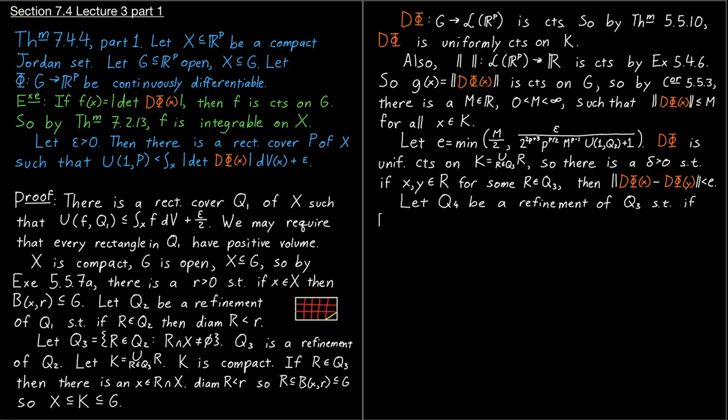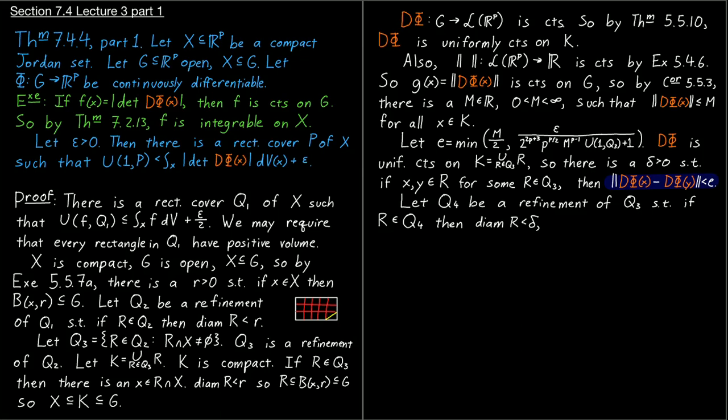First of all, we want all the rectangles in Q4 to be small, to have a diameter less than delta. So in particular, this condition is true for any 2 points in the same cube in Q4.